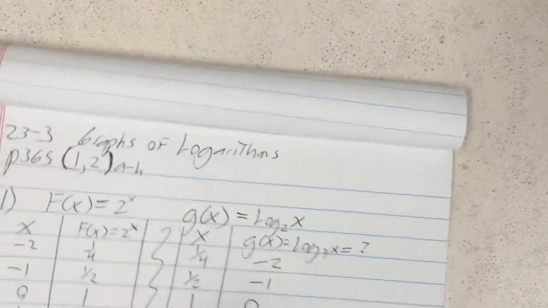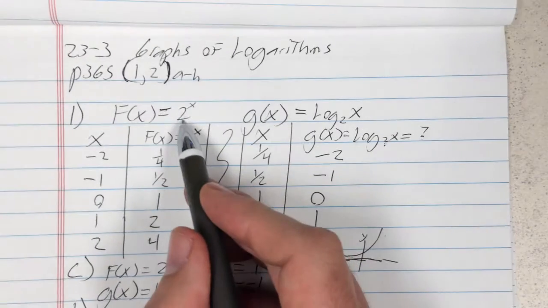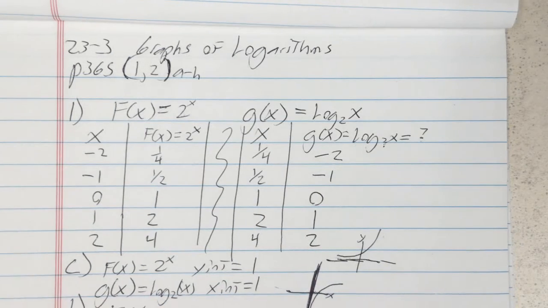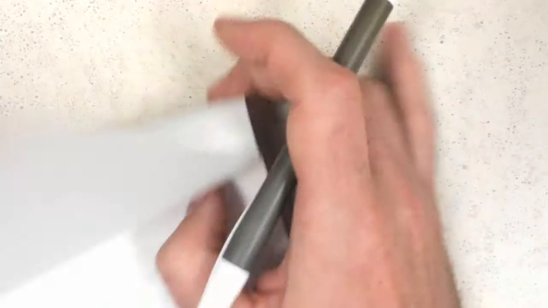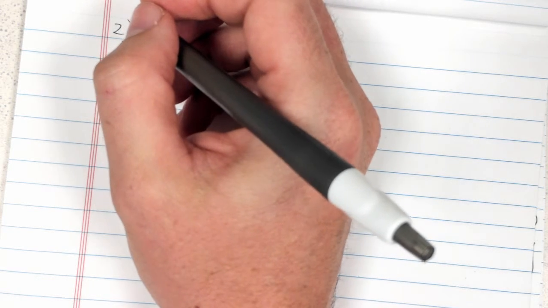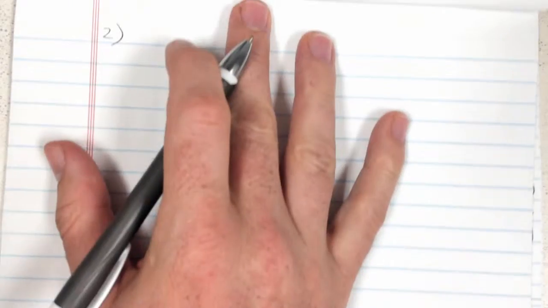Okay, so that's 1. Number 2 is doing the same thing, except instead of it being the number 2, it's 2.7. It's e. Let's see what that looks like. I'm not going to go through the table because it's just decimals.